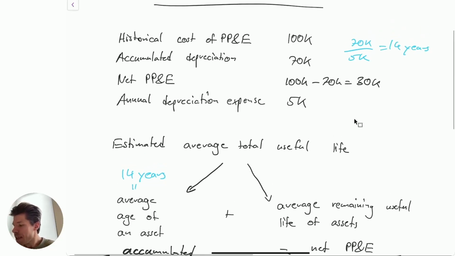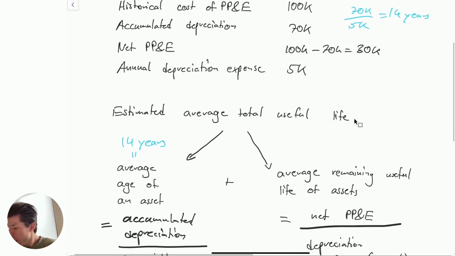Because it must have taken the company 14 years, based on an annual depreciation expense of 5, to have an accumulated depreciation of 70K, which means your asset base is 14 years old.